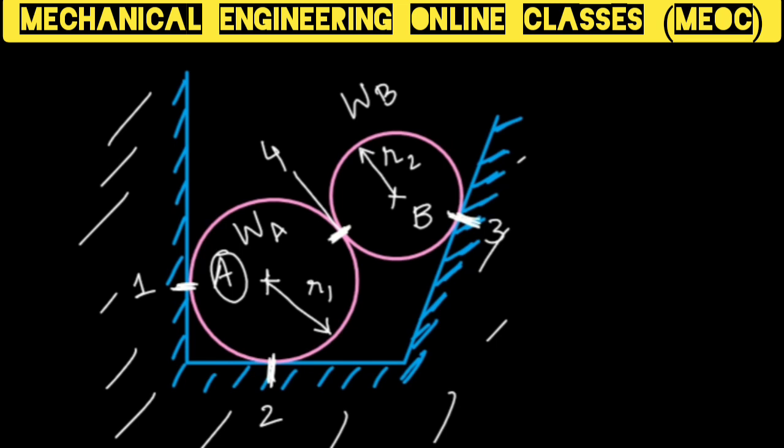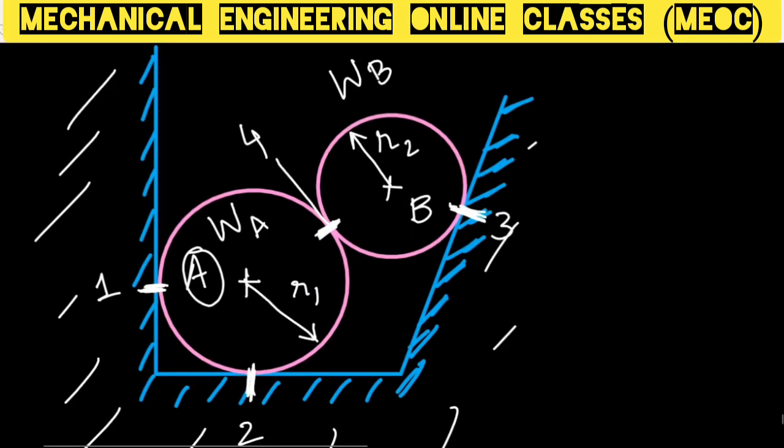Now we can draw the overall FBD of both the cylinders taken together, or we can draw separate FBDs also. So now let us try to draw the overall FBD. Before we start drawing the free body diagrams of both the cylinders together, we should know their location exactly, how they are relatively located to each other.